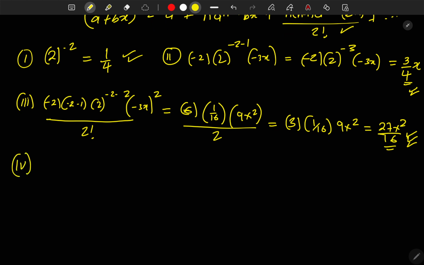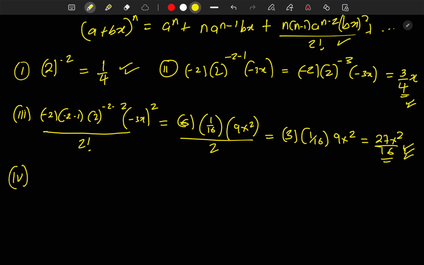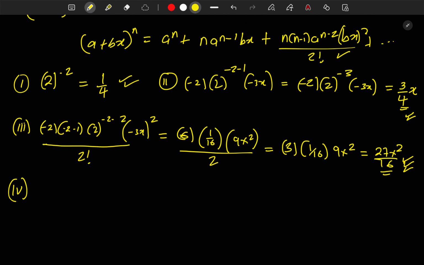Our fourth term is going to have n, negative 2, n minus 1, which is negative 3. We already computed it here. Then it's going to have n minus 2, which we said is negative 4, because it keeps on dropping.